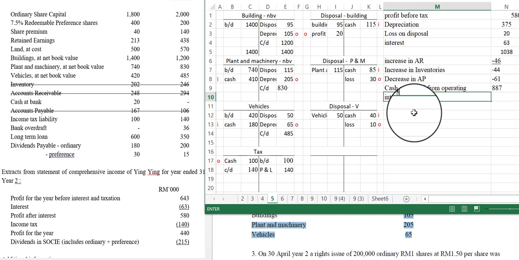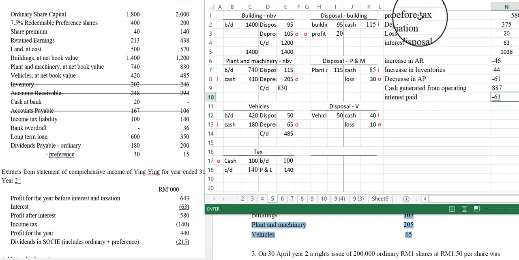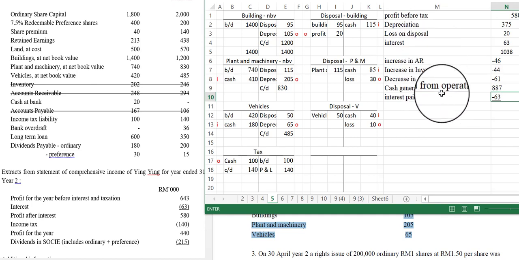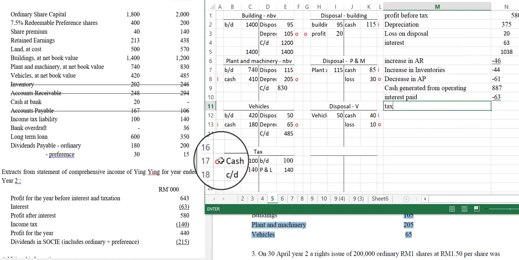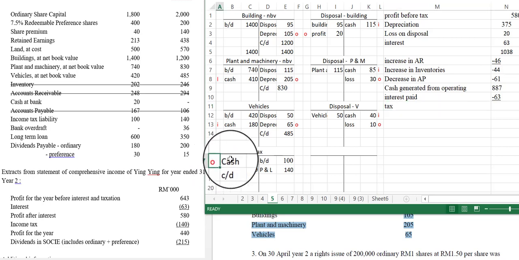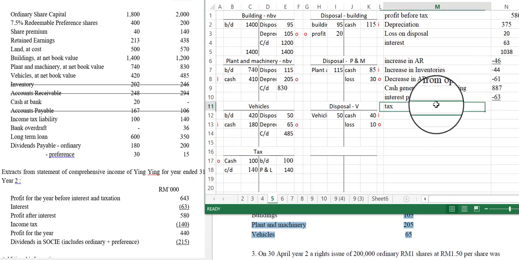So here you have interest paid. Now this year, since we don't have any interest payable, it will be the same figures as you have initially. And then the tax, if you remember just now, you have a cash payment for your tax, so this is a tax payment, so minus 100.